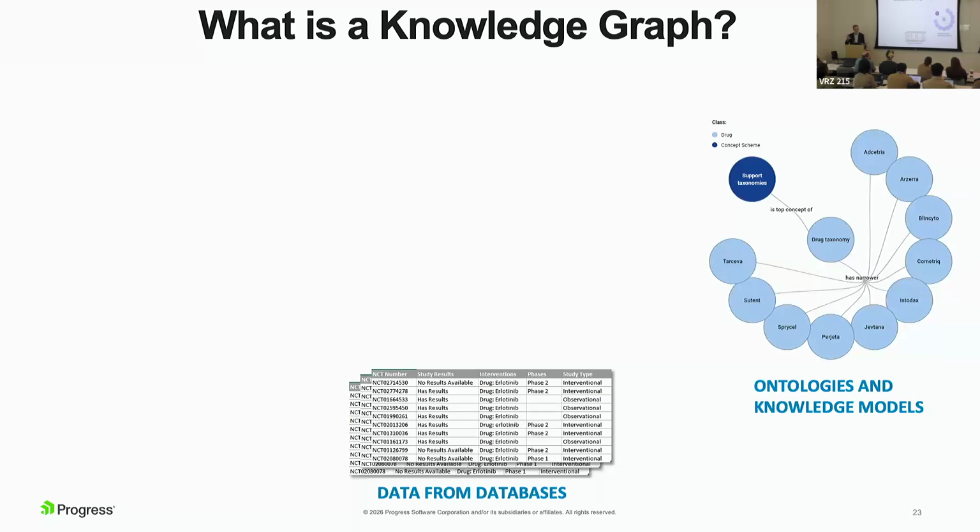What sometimes happens in these projects is, oh, we need a knowledge graph, we need ontologies. Get them all, we've got to bring them all in. Well, it comes back to, what are you trying to do with the ontologies?